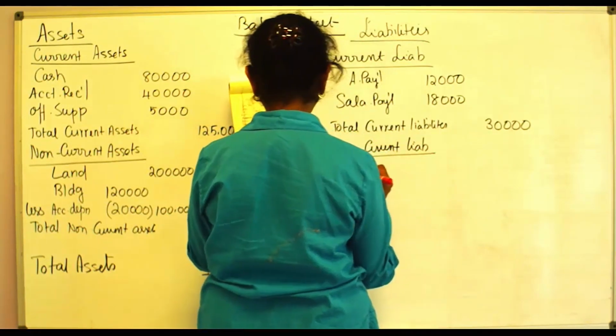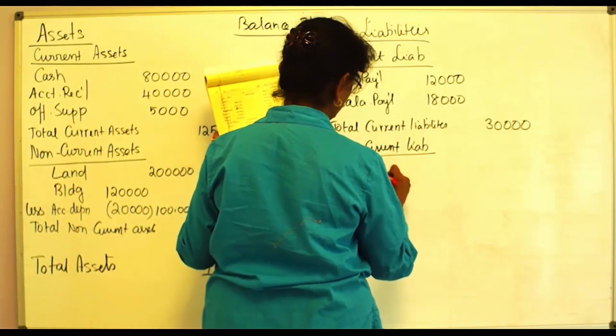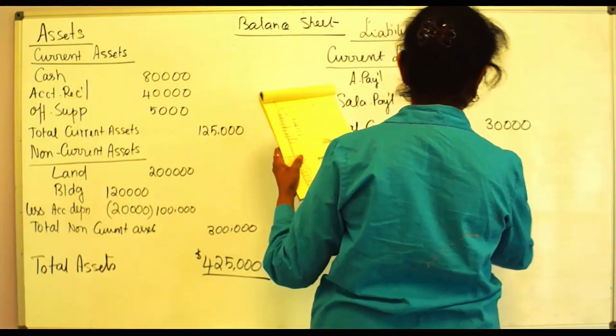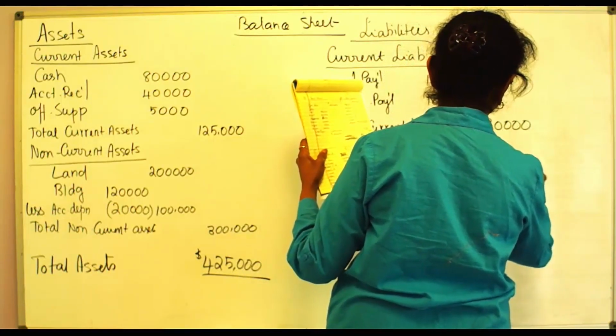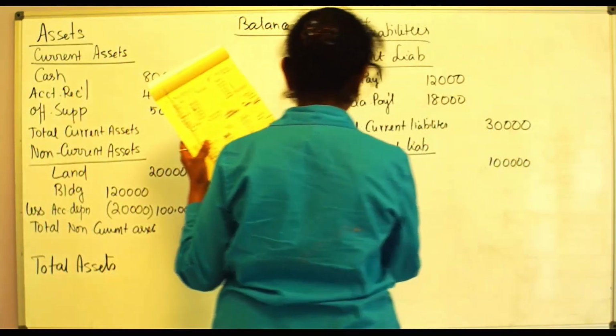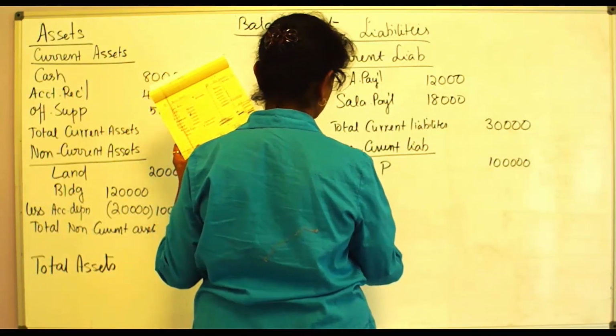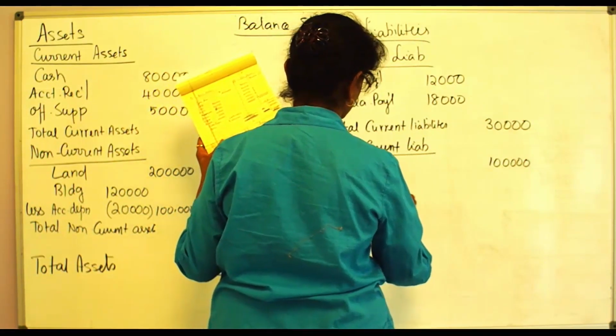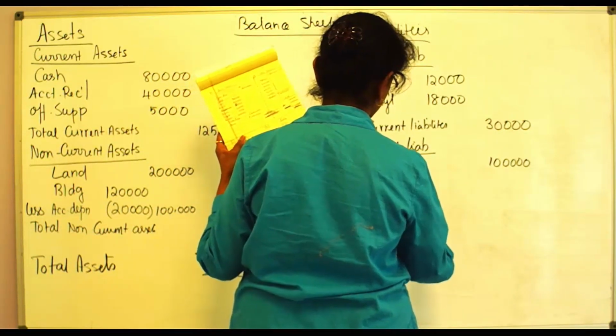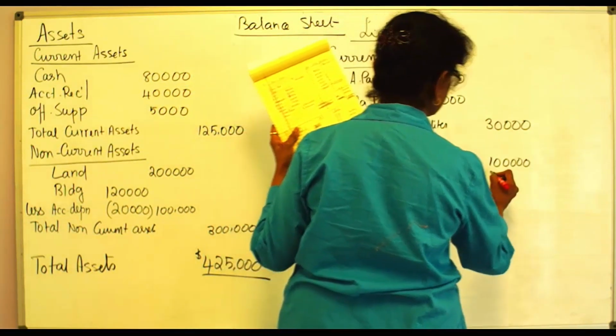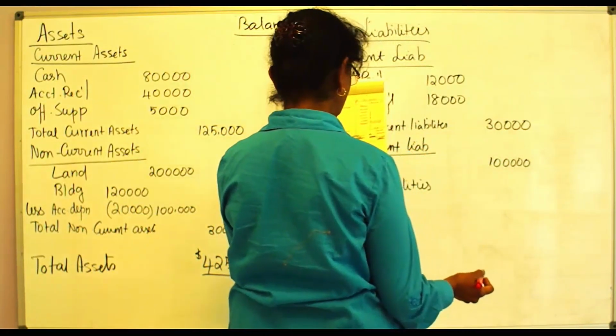Under this you have note payable, $100,000. Now total liabilities now equal $130,000.